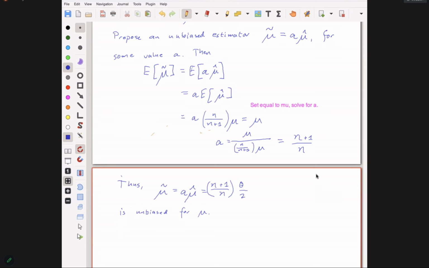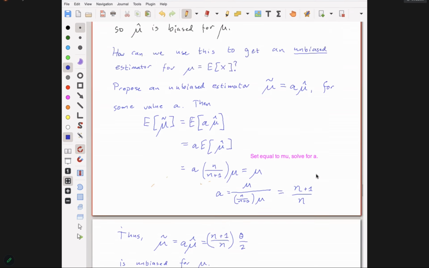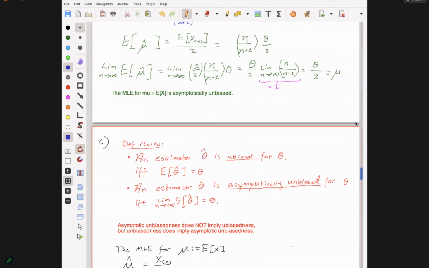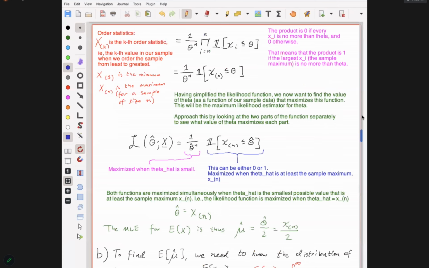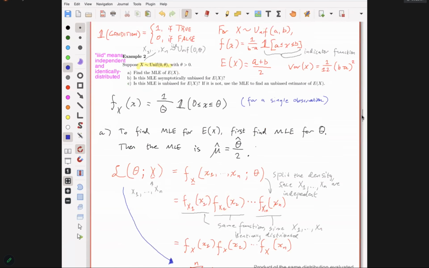And so this is all for the second problem. Do you have any questions about this? We did the second problem, right? Problem 2, parts A, B, C. So this finishes out example 2. Do you have questions about any of this?